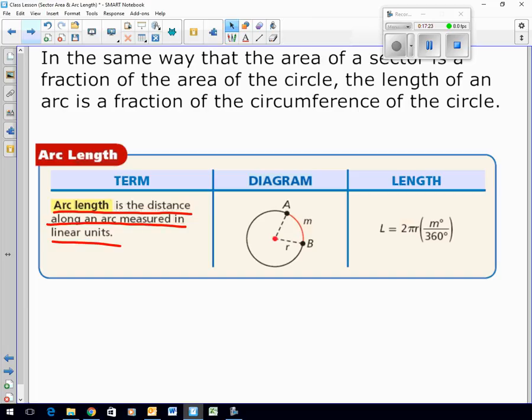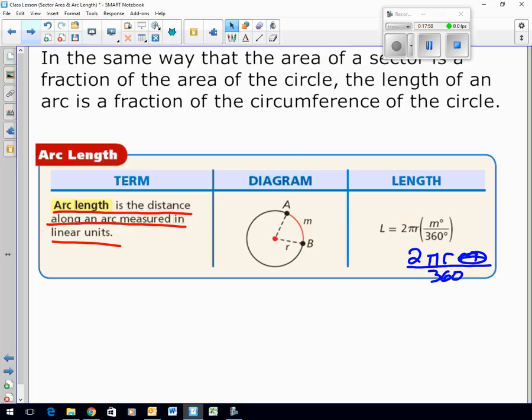On your formula sheet, the first formula below circumference of a circle is arc length of a circle. And by golly, wouldn't you know it, they've got it again: 2 pi radius times theta over 360.